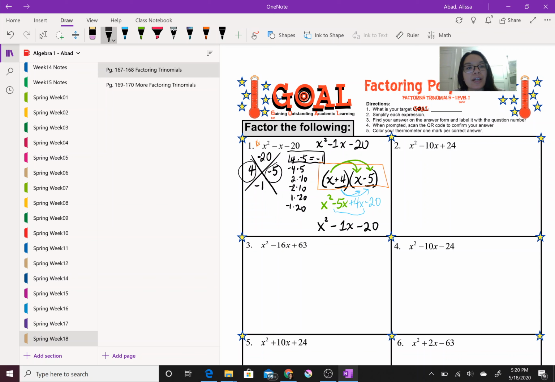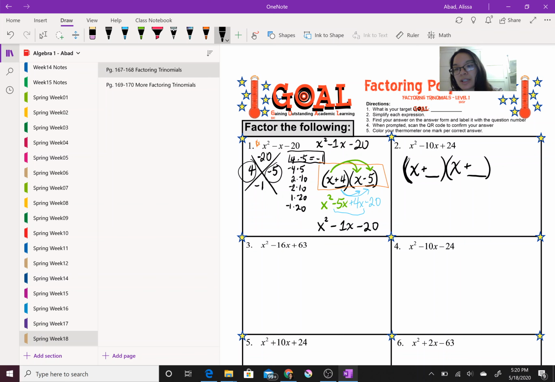Okay, when I am factoring these trinomials, I am going to set it up like this. I have parentheses, I have this group, I have x first, and then I'm going to find out what I need that's missing in there. So you would have to do your diamond problem again.